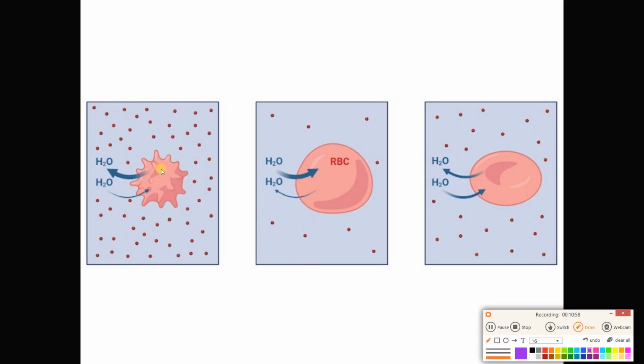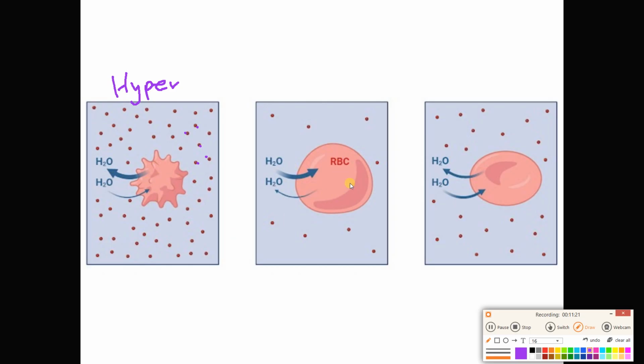All right, notice the cell is shrinking here, so this must be the hypertonic solution. There are more particles outside than inside, so water is diffusing out, osmosis is going out, and the cell is shrinking or crenating.